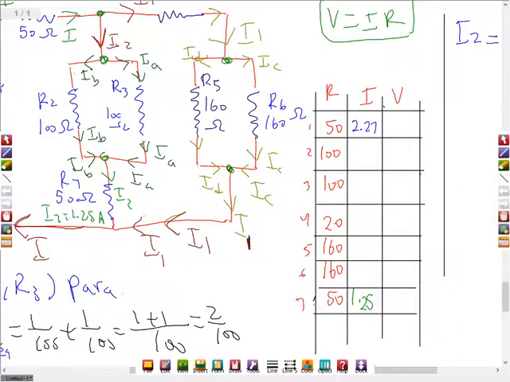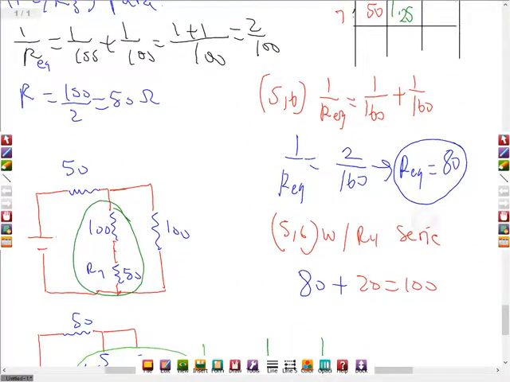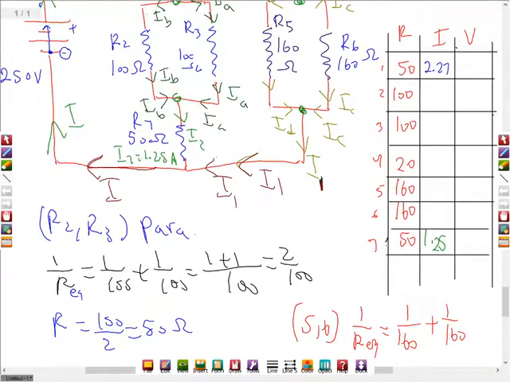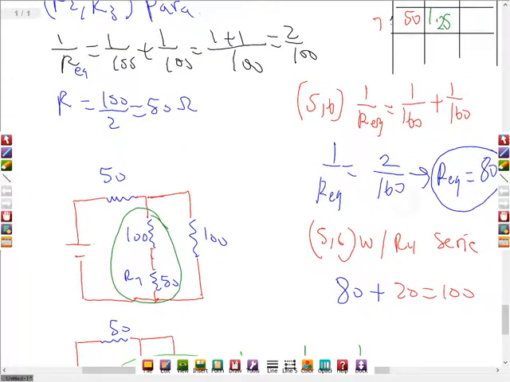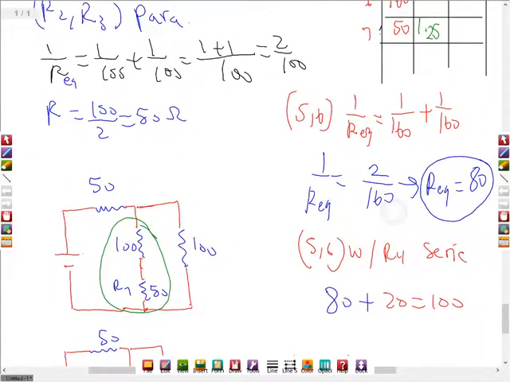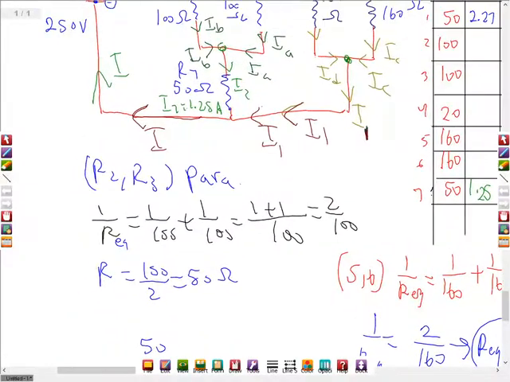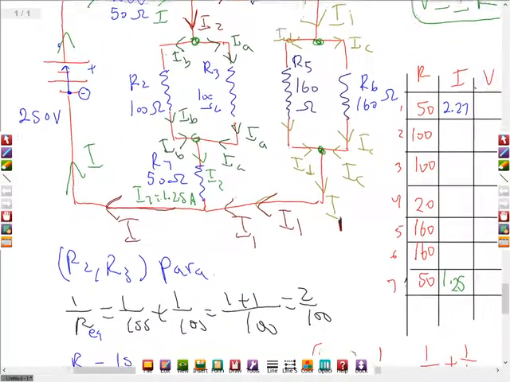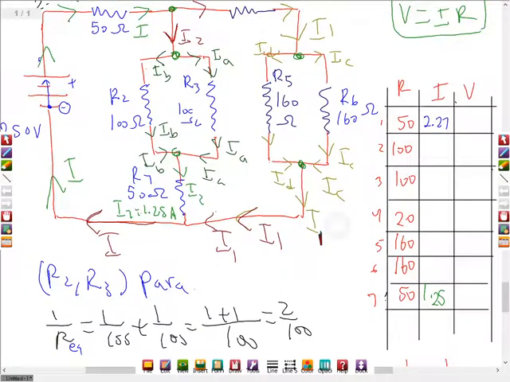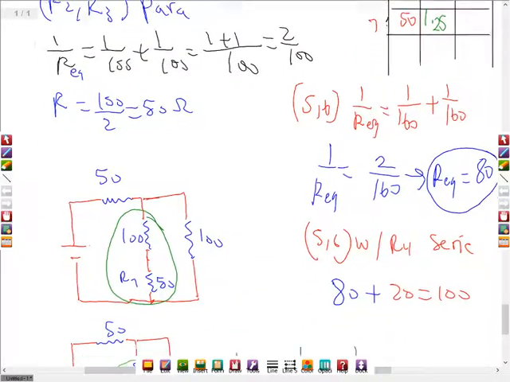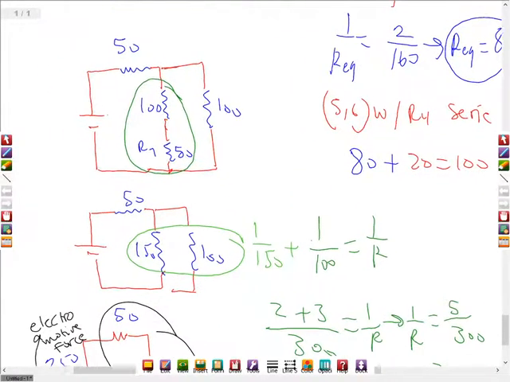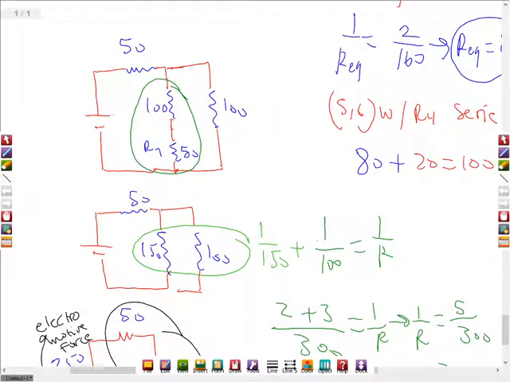Here, if you go back a little bit, 100. R2 and R3, I have to do it over here. R2 and R3 is 100, 100, 2 over 100, 50. I have to fix something here. Just small fixing here.